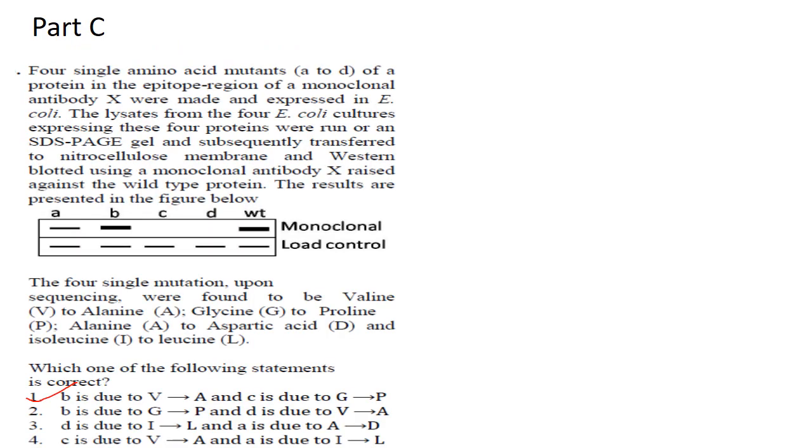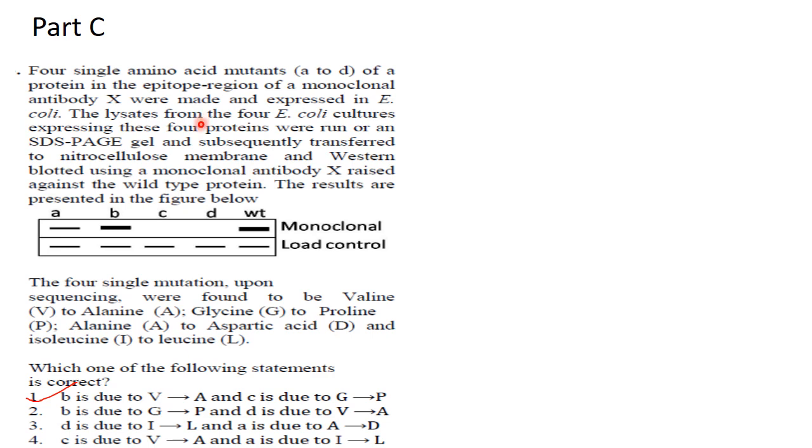Then next one. 4 single amino acid mutants A to D. These are the 4 single amino acid mutants A to D of a protein in the epitope region of a monoclonal antibody X, made and expressed in E. coli.